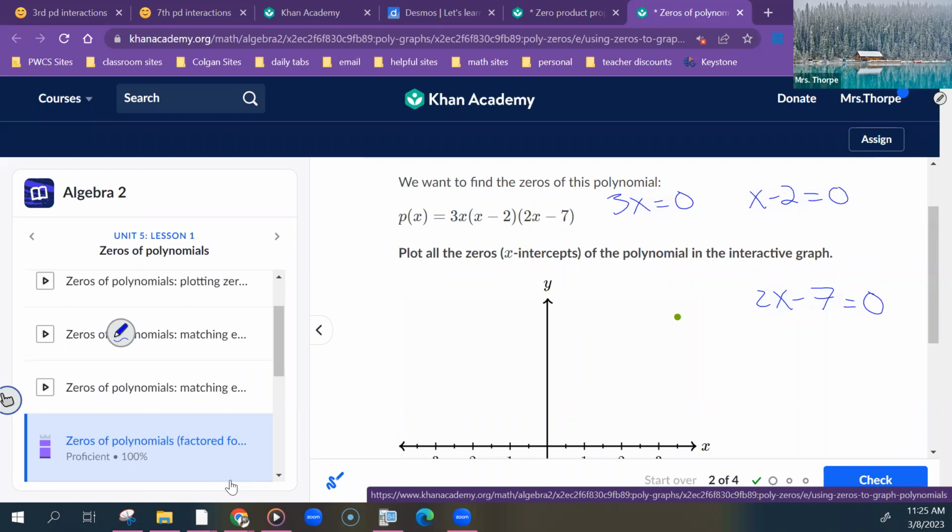Now, if some of them look like x minus 2, like we were just doing, you would know that's the opposite. You could still solve it, but you should know that that's the opposite. If it just has x and is not adding or subtracting, that's just going to be 0. But for the last one that has a coefficient in front of x and a constant, you'll have to actually solve that and figure out what that is. So this is where it's different. These two are where it's different.